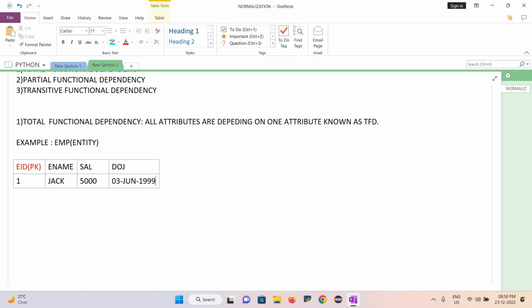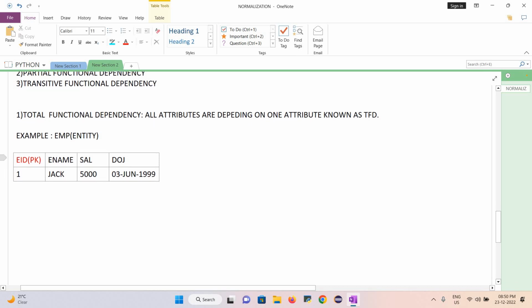Just one date I have written. So here name, salary, and date of joining, these three attributes are mainly depending on the main attribute, that is my employee ID.